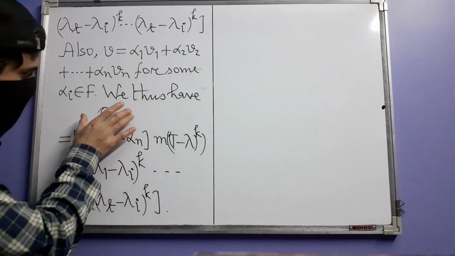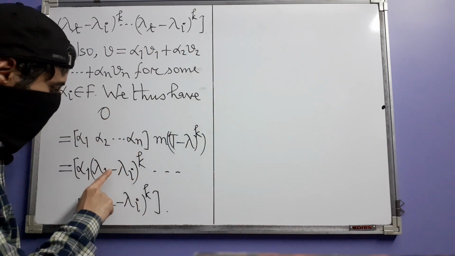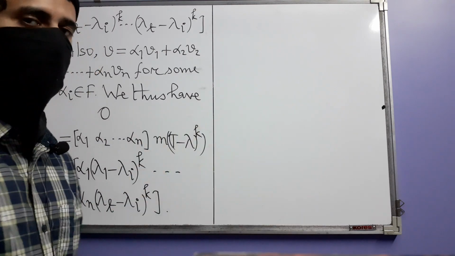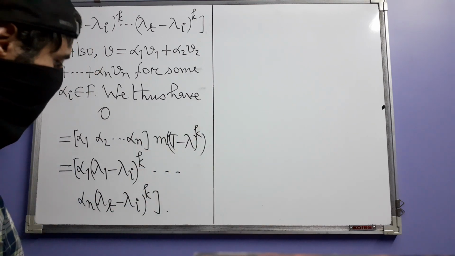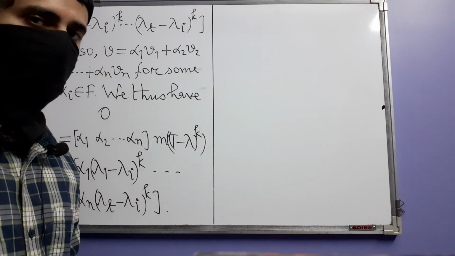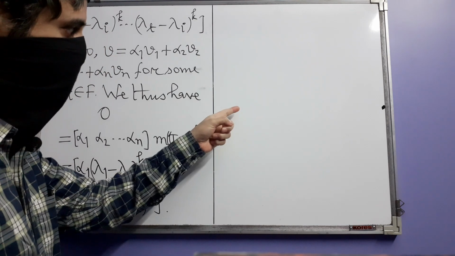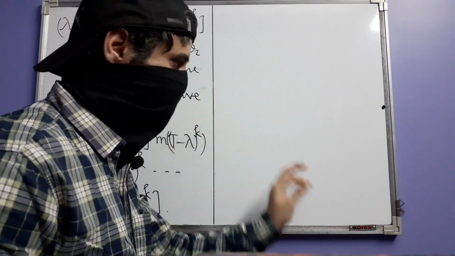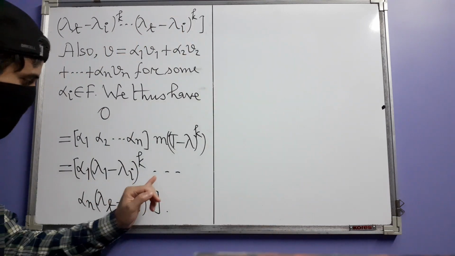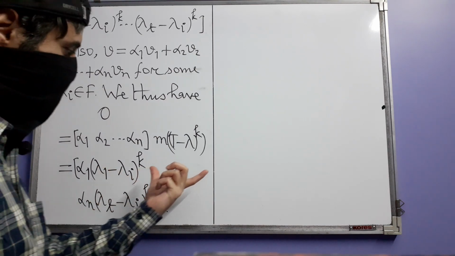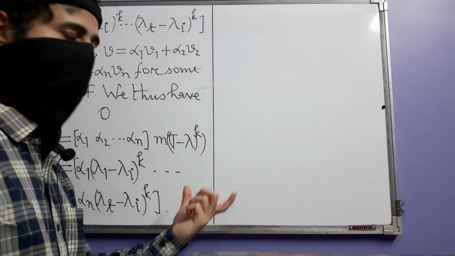Okay, so what this equation simply tells us is that all these entries of this row matrix are going to be equal to 0. However, some of these entries themselves are 0. Which entries? Namely the ones that correspond to the characteristic root lambda I itself. Those entries appear as a block of zeros.